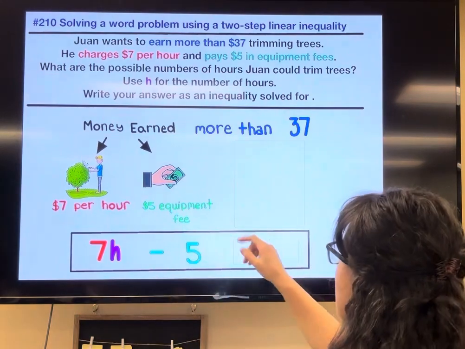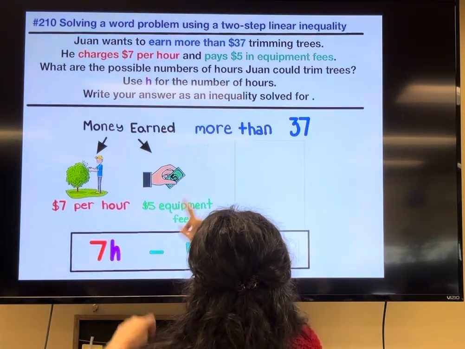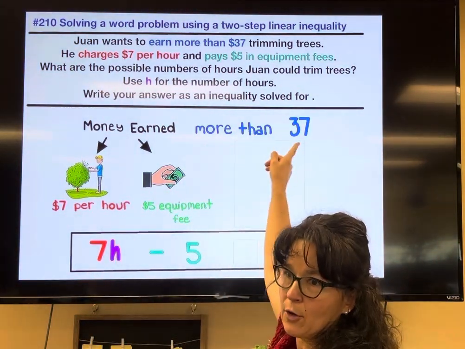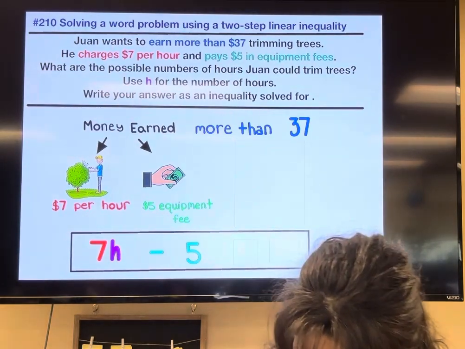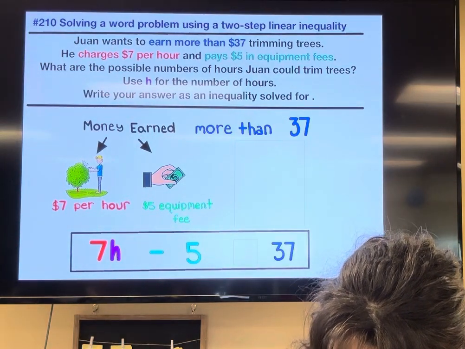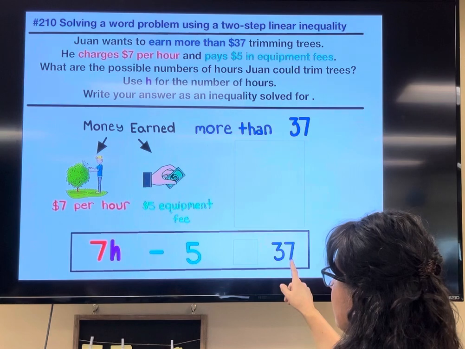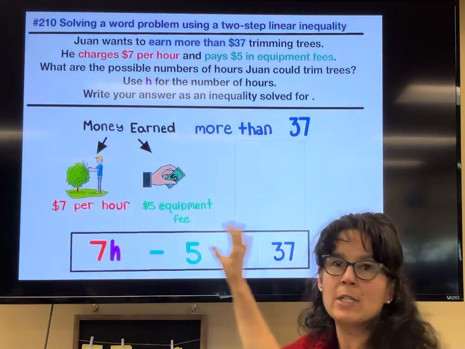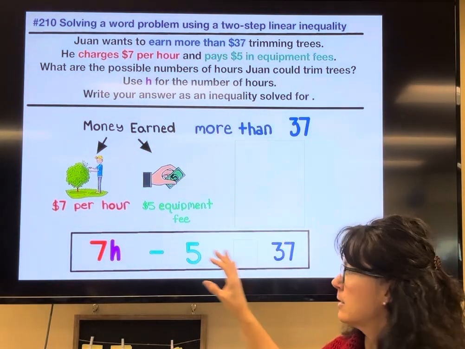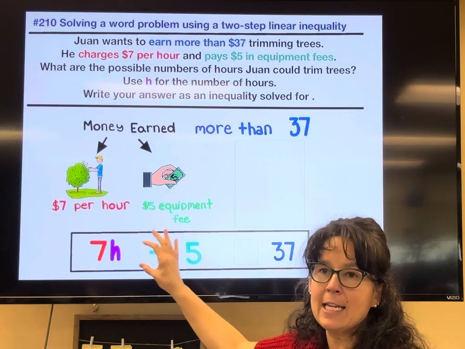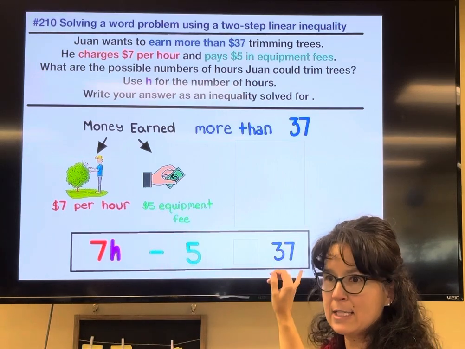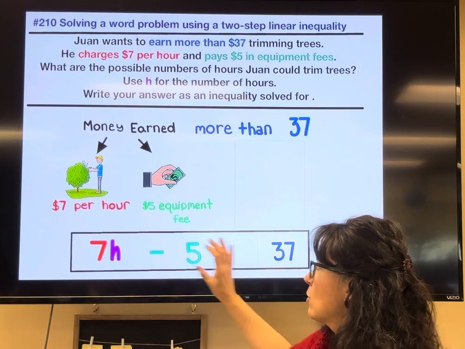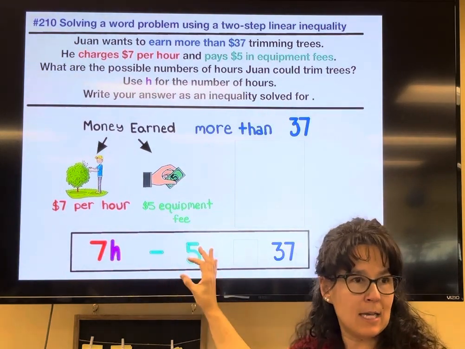Okay, now the money he brings in needs to be more than 37. So I know that this part here is 37, but which side is bigger? This is the money he's bringing in, and it needs to be more than 37. So this side here has to be the big side.